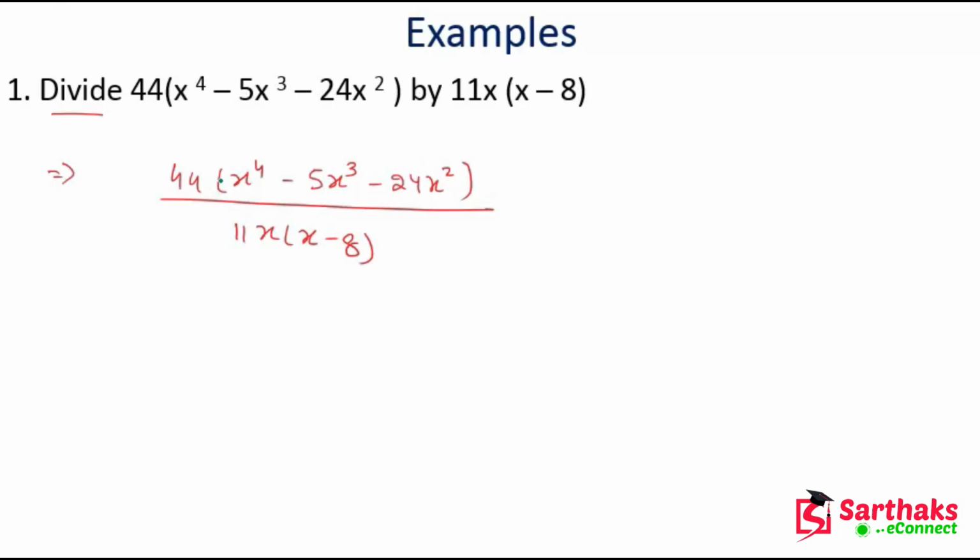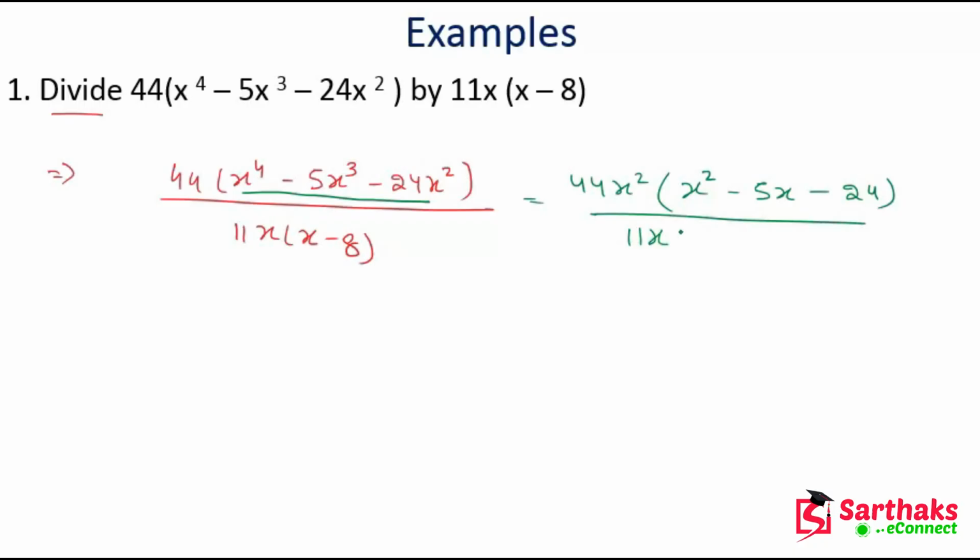Now first of all, from this expression we can take x square as common from these three terms. So it will become 44x square into x square minus 5x minus 24, and here it is divided by 11x into x minus 8.